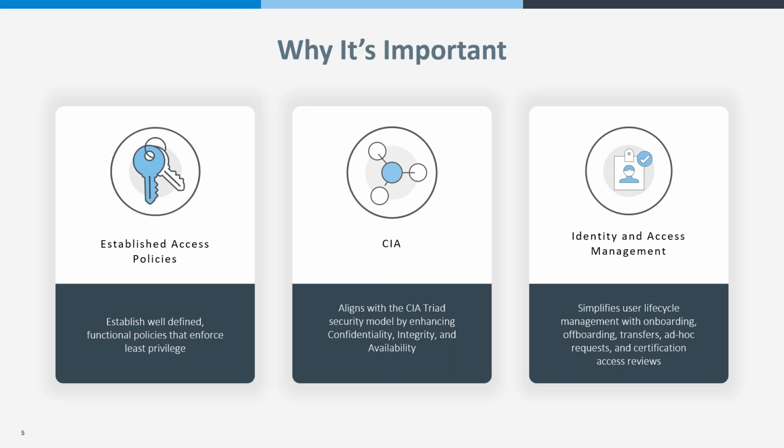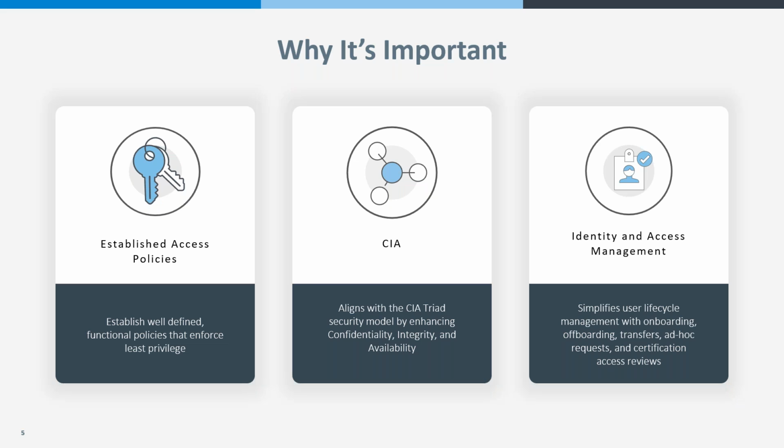Availability is about ensuring that authorized users have access to the data and applications they need when they need it. Role-based provisioning can be combined with automated onboarding to ensure that a user has access to all of the applications and permissions they need on day one, so they're not wasting time or not being able to access what they need to do on that first day when they get started.